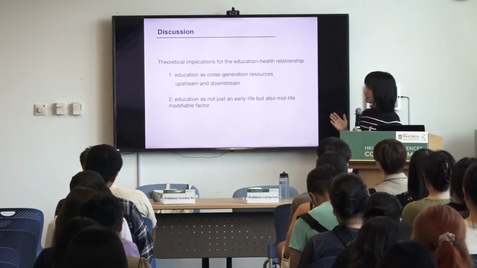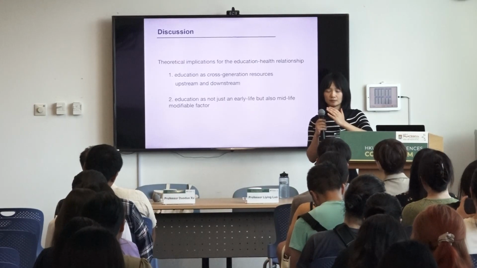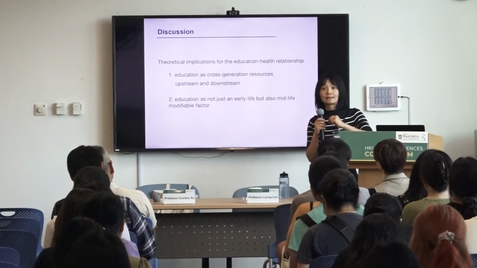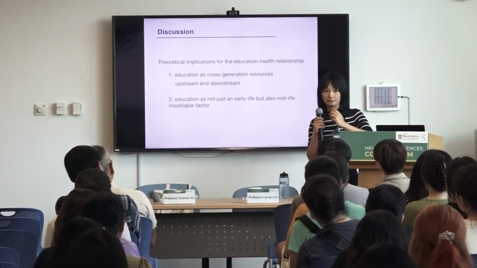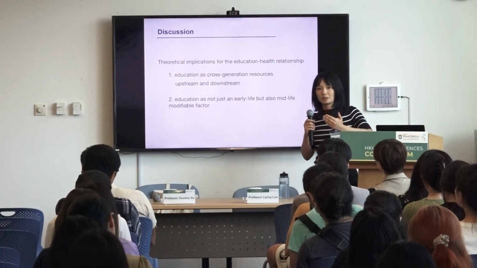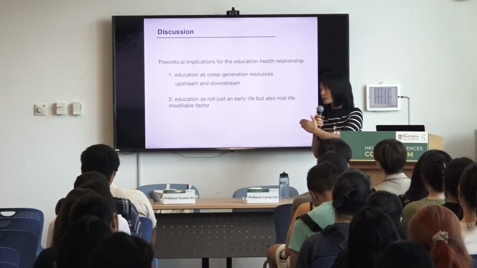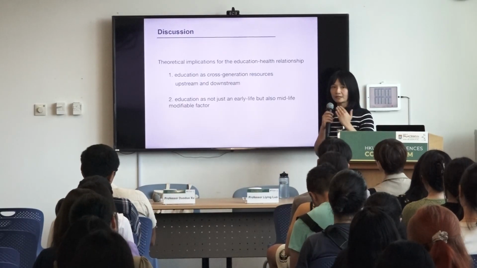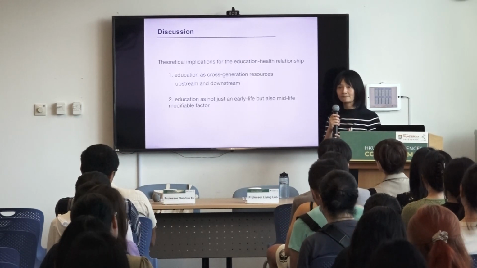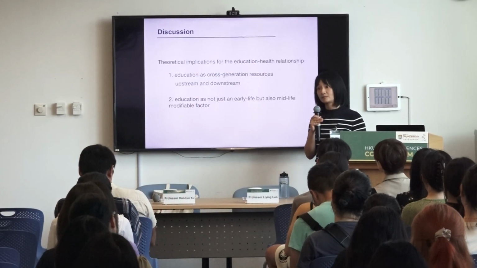The second implication is that usually we talk about modifiable factors for improving health and addressing health inequality. Usually education is considered as an early life modifiable factor, but this research shows that even though we can't change much about parents' education, right, because they already passed that life course window, when you think about children who complete education when their parents are about age 13, 14, that actually extends the life course window in which education can be considered as a modifiable factor.